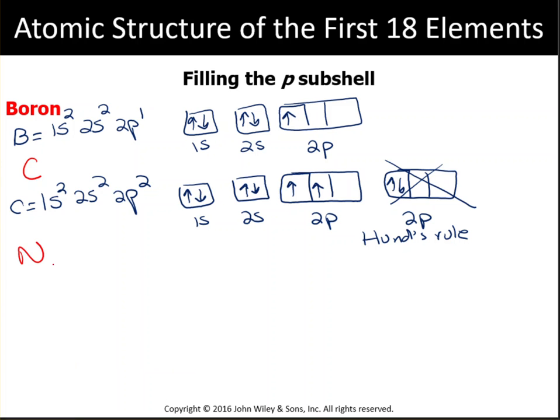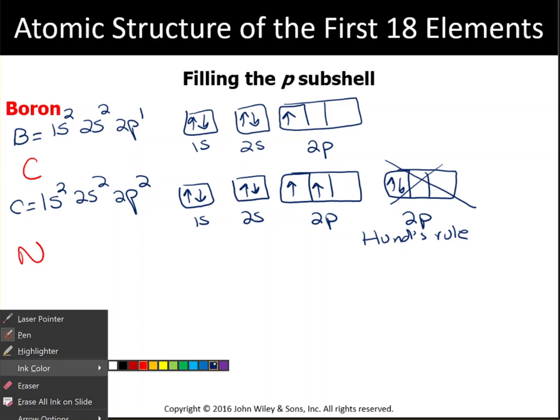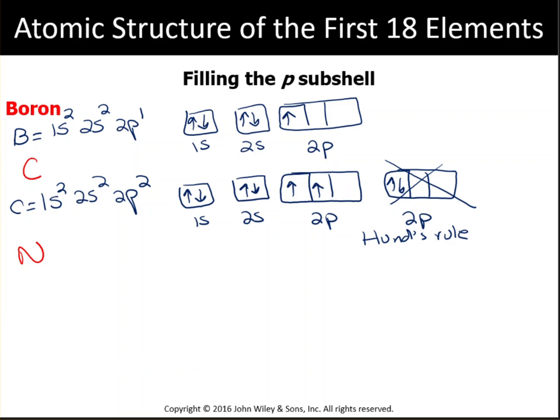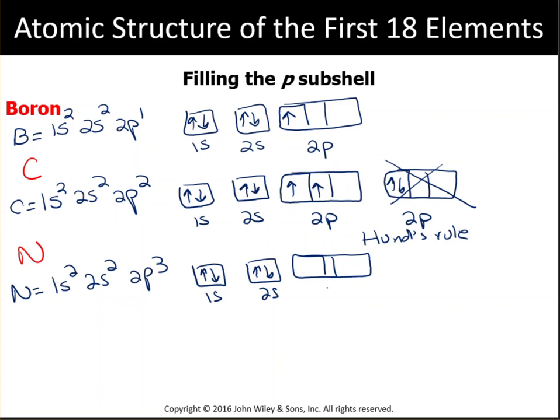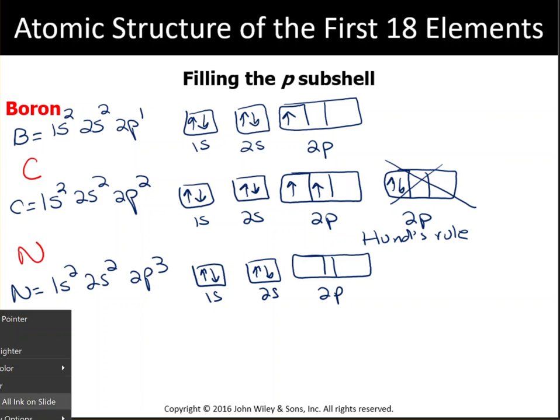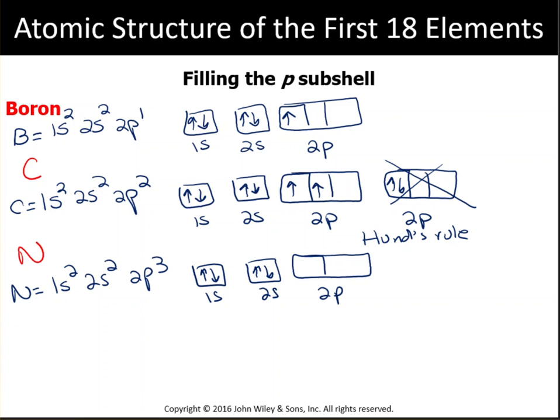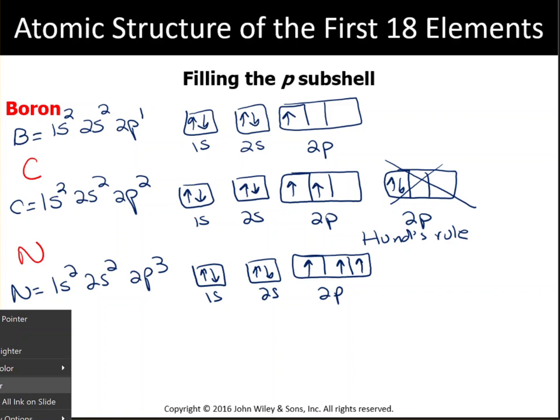So for nitrogen, which has 7 electrons, electron configuration is 1s2, 2s2, 2p3. And the box diagram, we have 2 for 1s, 2 for 2s, and 3 for 2p. So 1, 2, 3.